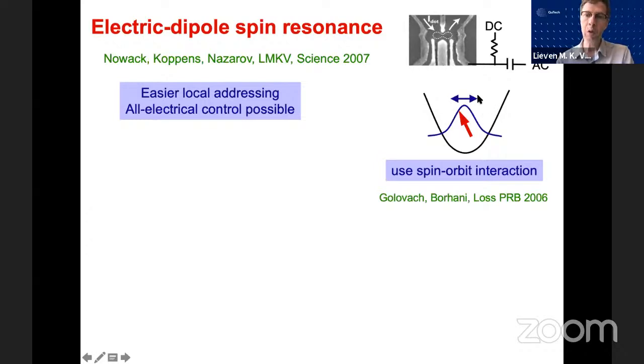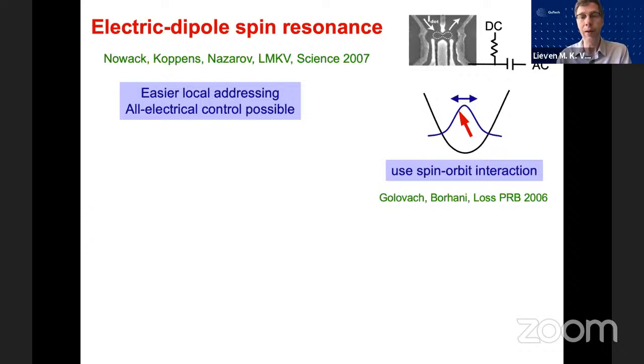Because of spin-orbit coupling, if you move an electron through a semiconductor, it experiences an effective magnetic field. That effective magnetic field is oriented in one direction if you move in one direction; moving in one direction, you rotate one way, and moving in the other direction, you rotate the other way. In other words, the effective magnetic field that the spin experiences oscillates as its direction of motion oscillates.